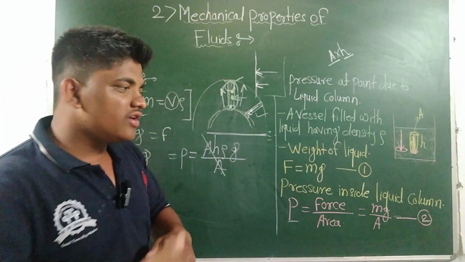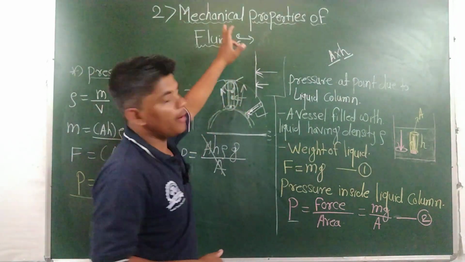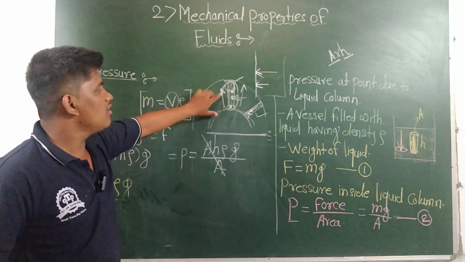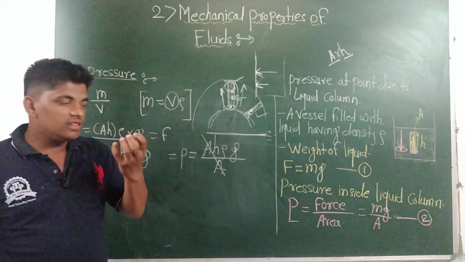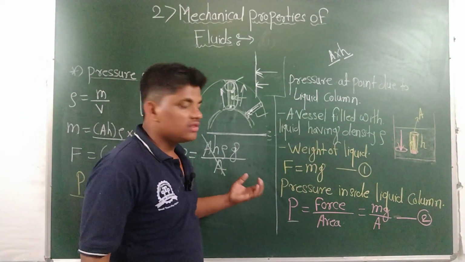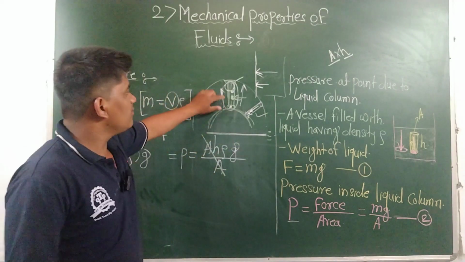The atmospheric pressure will decrease when we move in the upward direction, because the air column will decrease.